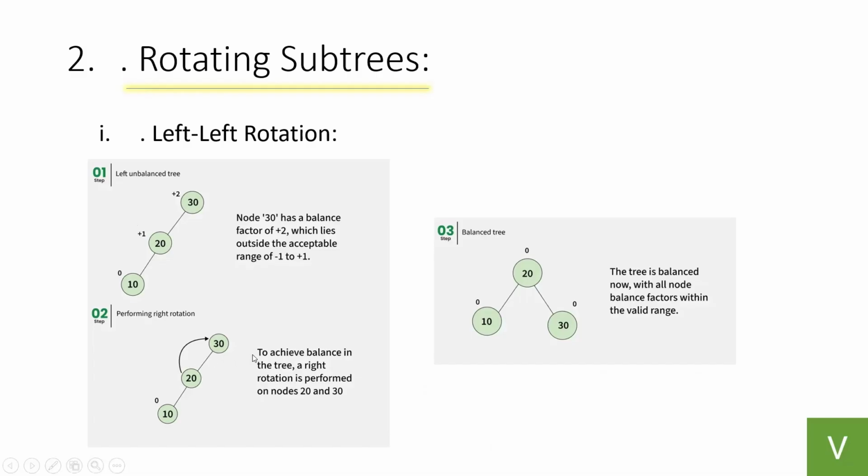So to achieve balance for this tree, we perform a right rotation between node 20 and 30 so that 20 becomes the root node and 30 becomes the right child of the node 20. So now we will check the balancing factor for each node. So now the tree is balanced. So this is about left rotation.